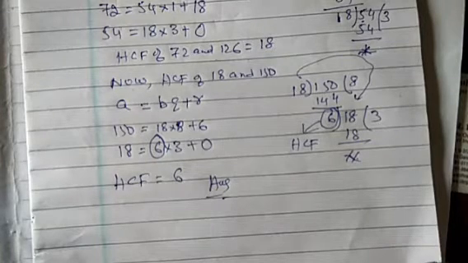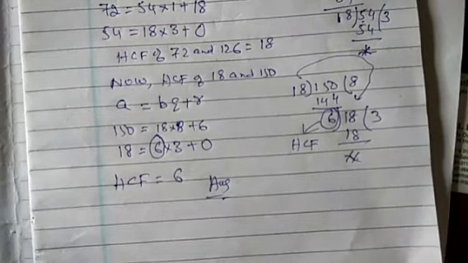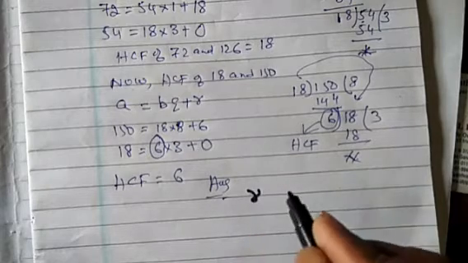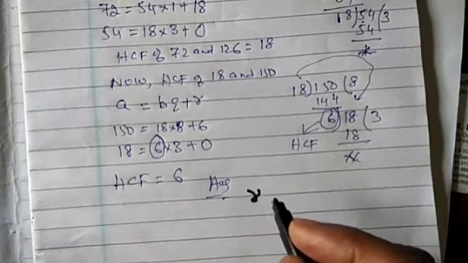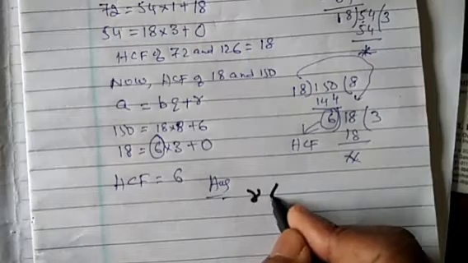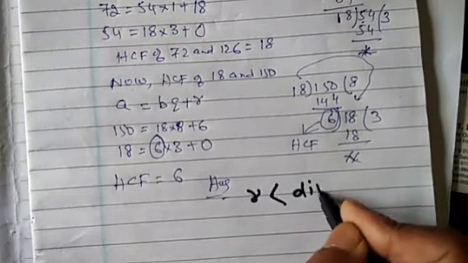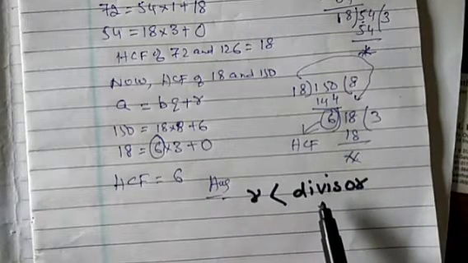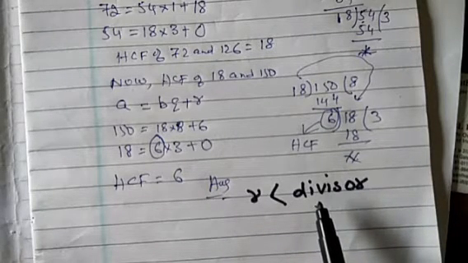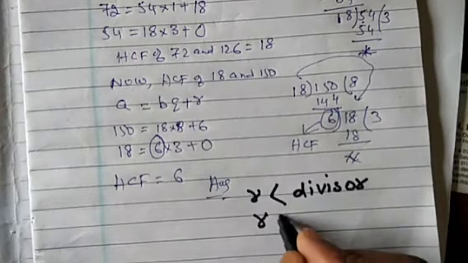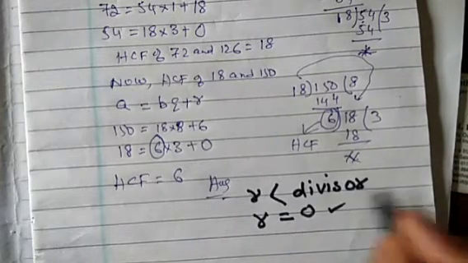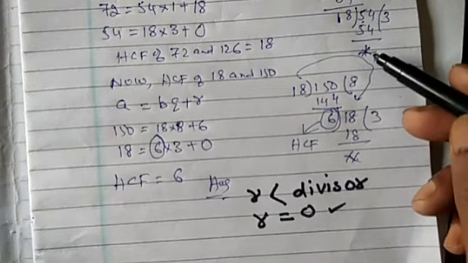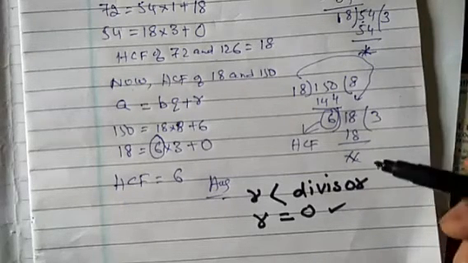So guys, before I go forward, one thing I would like to remind you that Euclid has also told something that you have to keep in mind: the remainder R should always be less than the divisor. Got it? Or the remainder can be equal to 0, and you have seen here we have got remainder 0 also in this case.